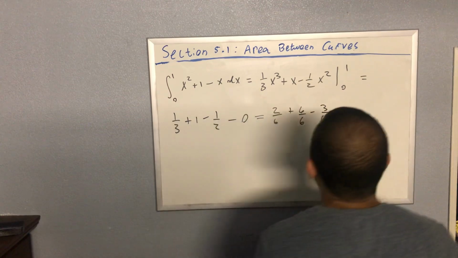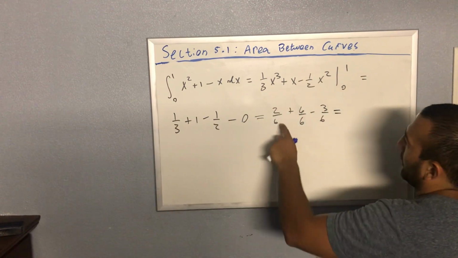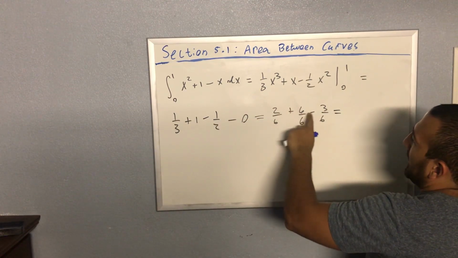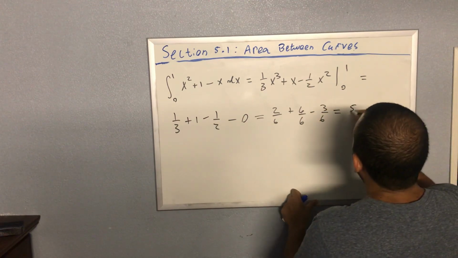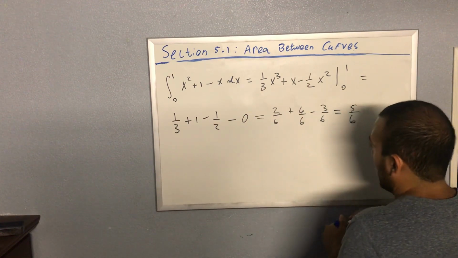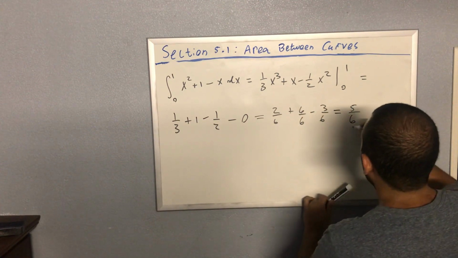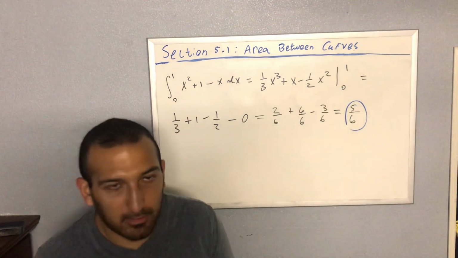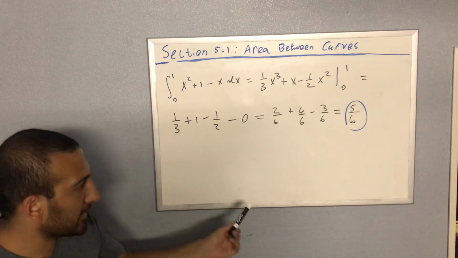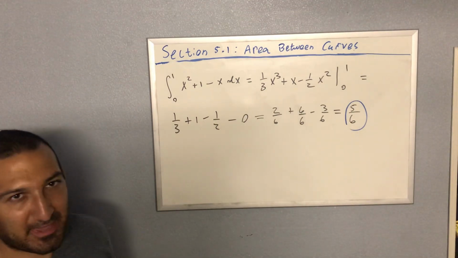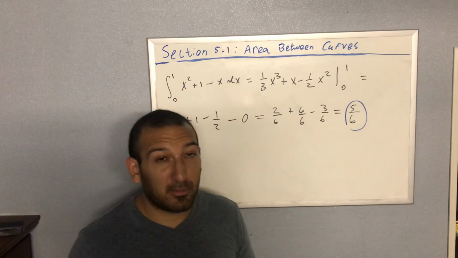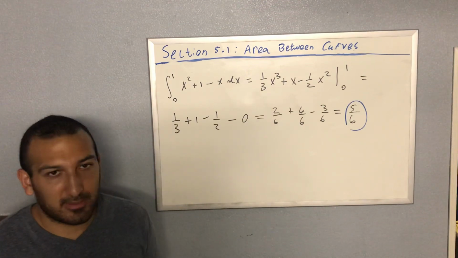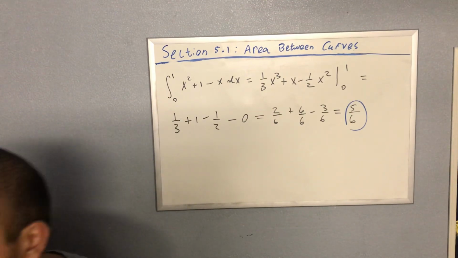So overall this gives, what? 2 plus 6 is 8, minus 3 is 5, so 5/6. So the area of this thing is 5/6 units, or whatever units we're using here, like feet or whatever. So that's incredible that we can get the area of that weird oblong shape. But that's the beauty of calculus.